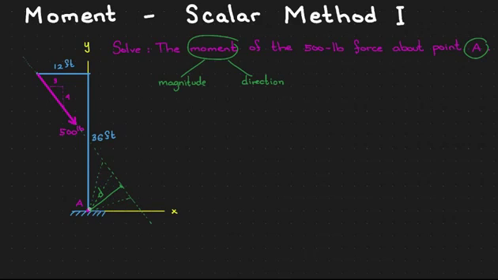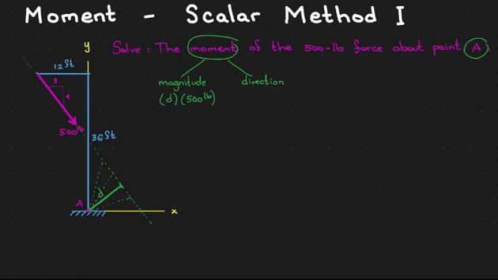The one and only perpendicular distance from the point you're trying to find moment about to the line of action of the force is this green distance. So if we can find that green distance, and multiply that by the force itself, 500 pounds, we'll be in good shape.